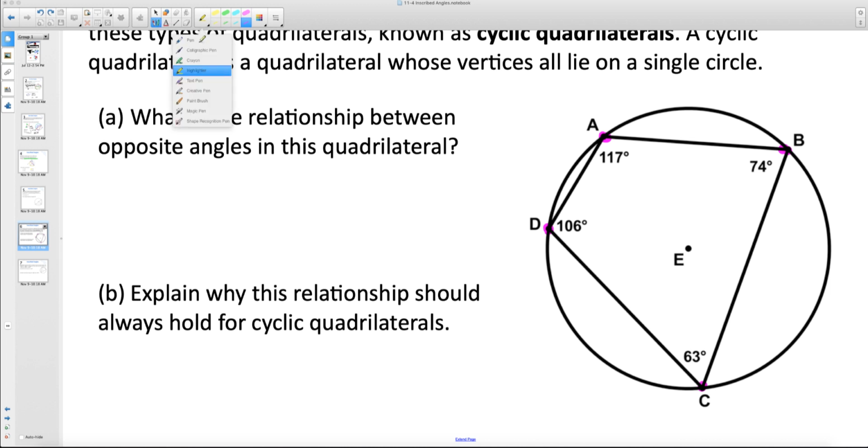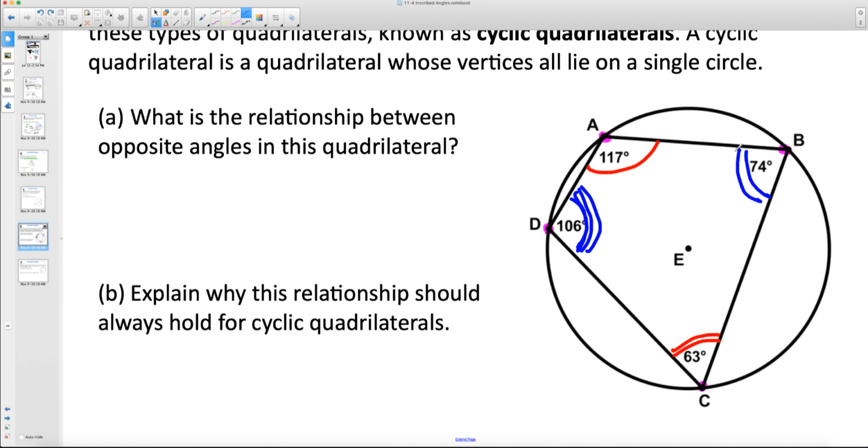So let's take a look at our opposite angles. Angle A and angle C are opposite angles. Angle D and angle B are opposite angles.